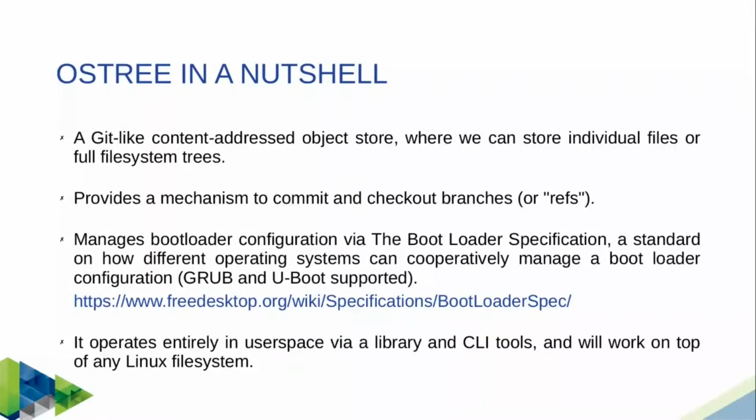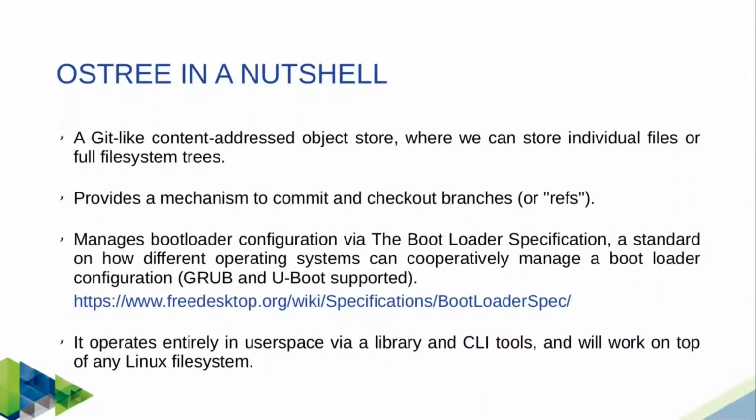So there is this concept of deploy, which is more than a checkout. When you do a deploy in OSTree, you are basically checking out a version of your root file system and preparing the system to boot from that root file system. So there is some logic needed, for example, to configure the bootloader for that.